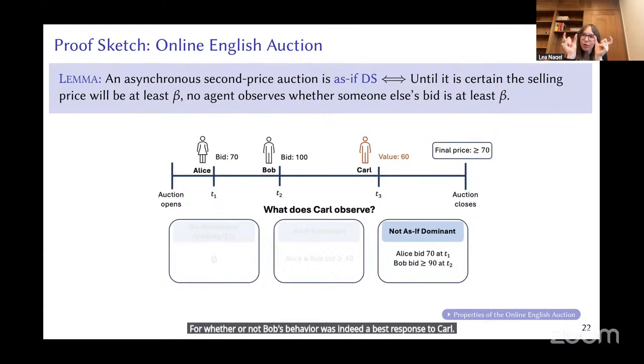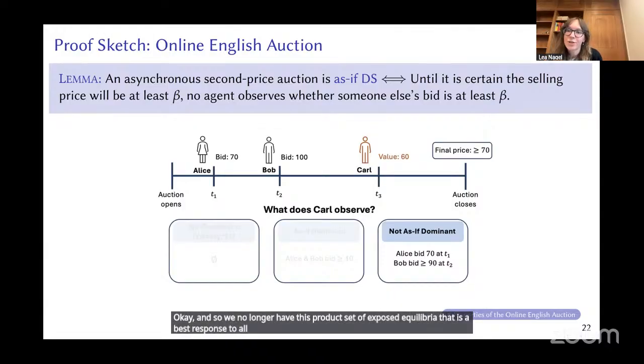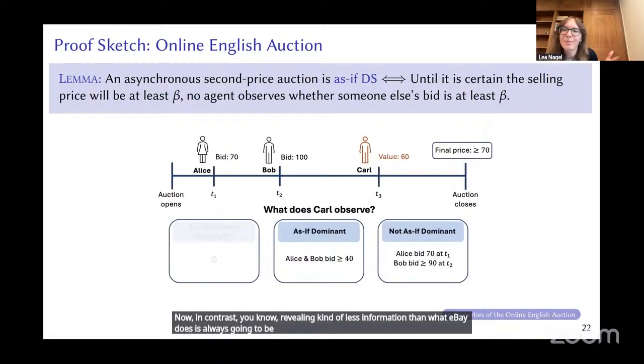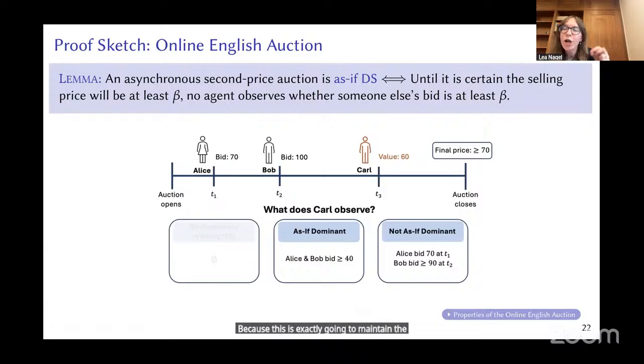And so we no longer have this product set of equilibria that is a best response to all the deviations of the other agents. Now, in contrast, revealing less information than what eBay does is always going to be as-if dominant. For example, just saying that two people already bid above 40. Because this is exactly going to maintain the incentive for Carl to bid his value and exactly his value if it is above that.